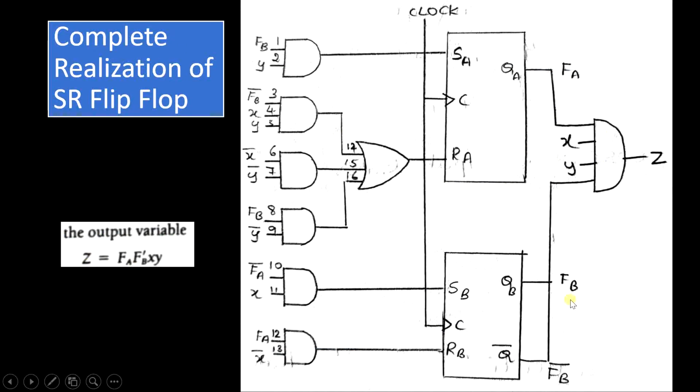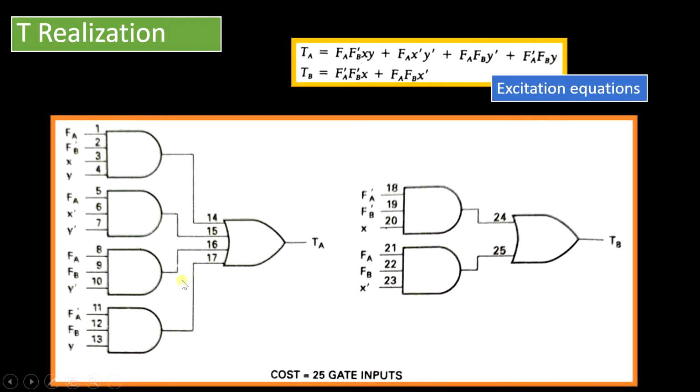So as I mentioned earlier, the cost increase would be uniform for all the flip-flops even if you include the output variable Z. For the last one, that is the T realization, this is the excitation equation that we have seen, and here we will require 25 gate inputs.